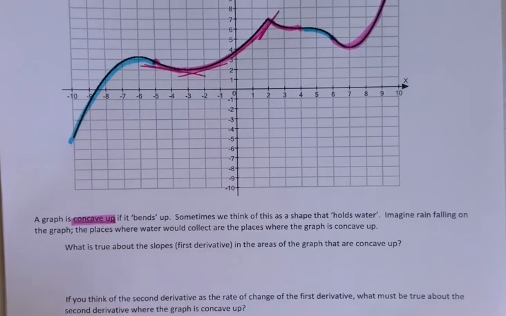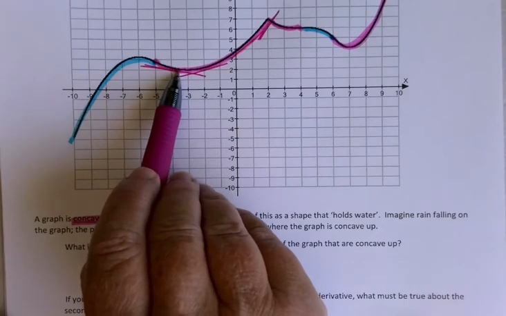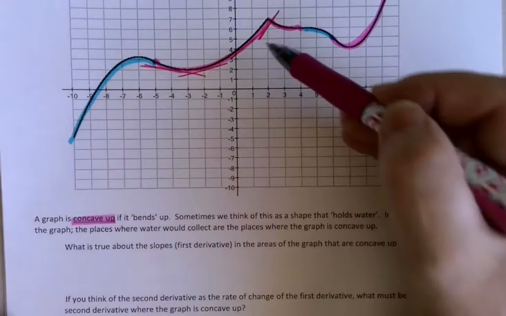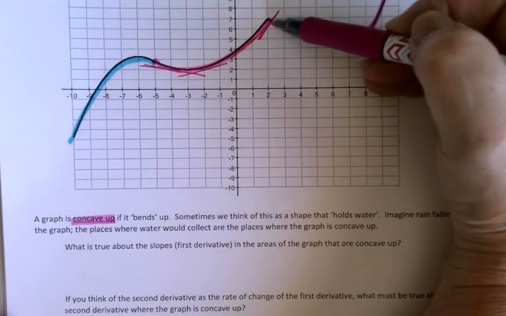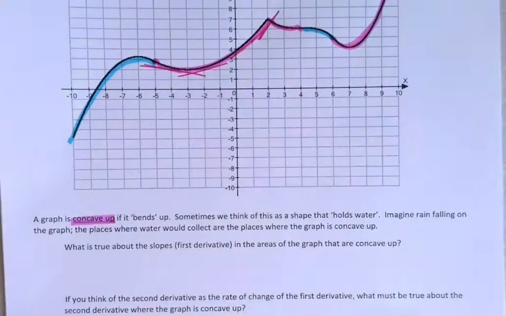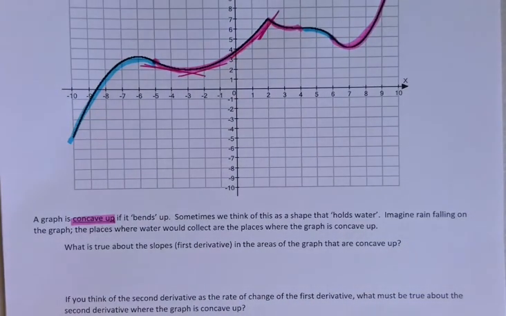What do you notice about the slopes of those tangent lines? It starts negative, it got positive, it got bigger, and it even got bigger. So the first derivative is actually increasing. The first derivative gets bigger and bigger in areas where the graph is concave up.